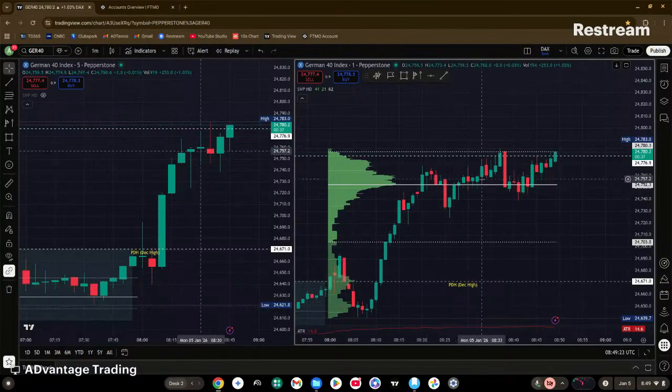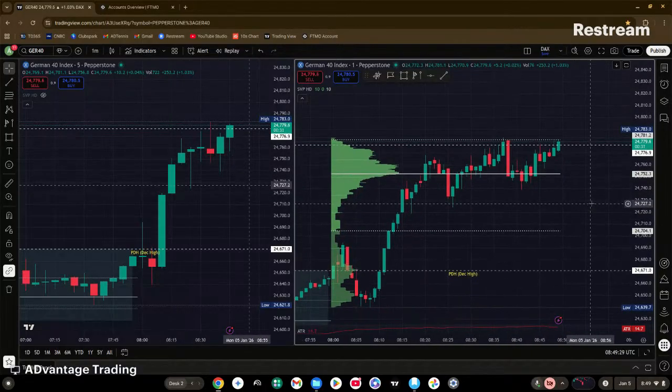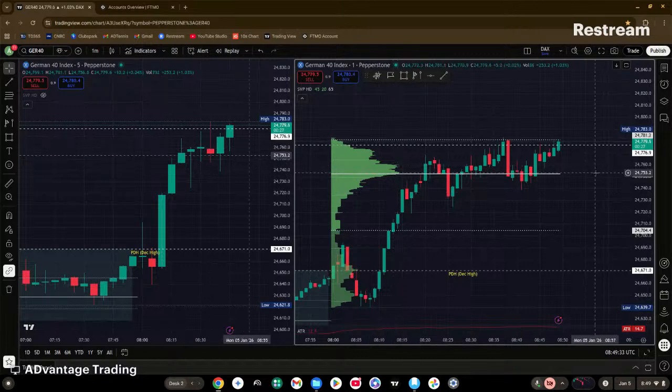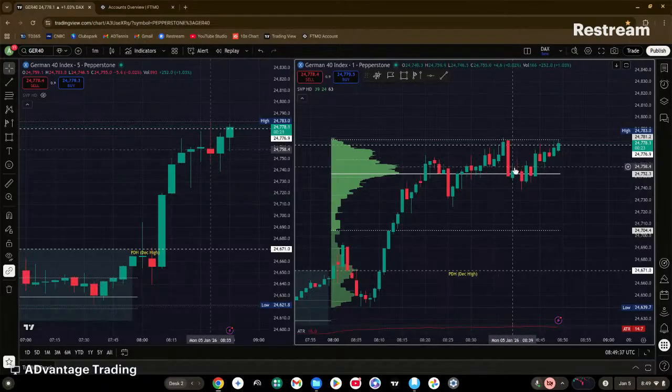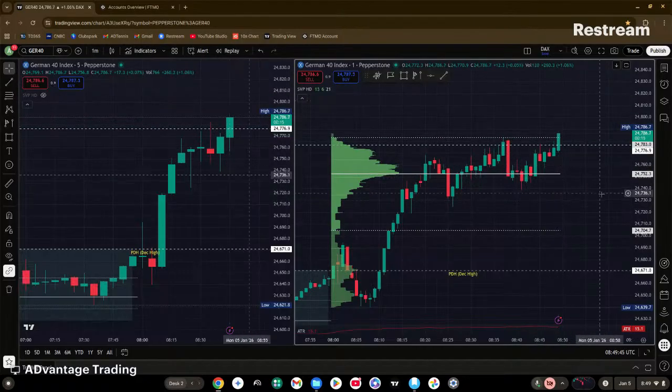All the volume is accumulating at the highs, which is a very good sign, because it means there's a lot of traders supporting this move. There's a lot of traders here in long positions wanting the market to go up.